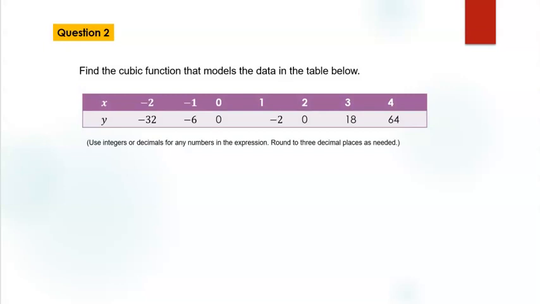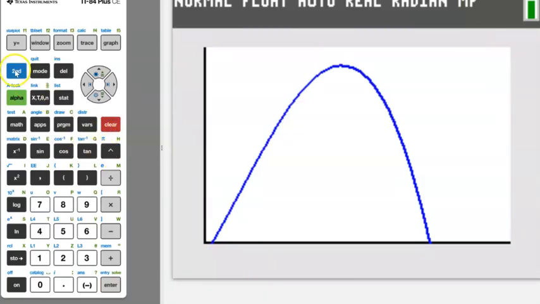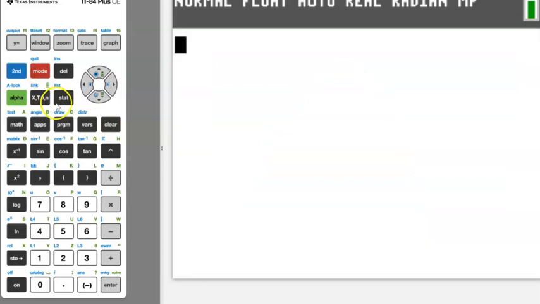So what we do in this particular case, we go to the TI-84 and we graph this particular problem. There we go. Clear what we have here. So we exit from that.